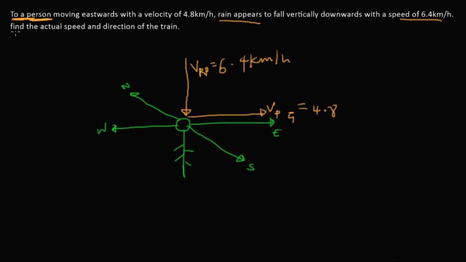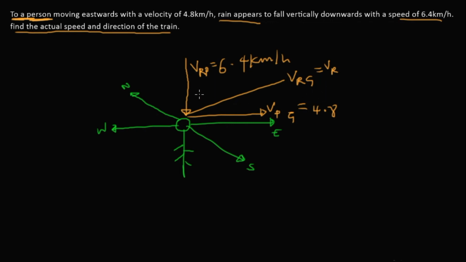Now the question says find the actual speed and direction of the rain. So we want to find the actual speed and the direction of the rain. That is the velocity of the rain to the ground, which is the actual speed of the rain. Velocity of the rain to the ground is the same thing as the velocity of the rain.